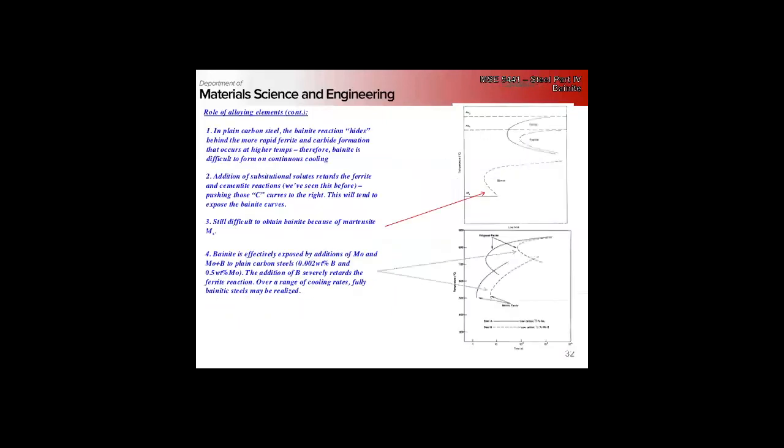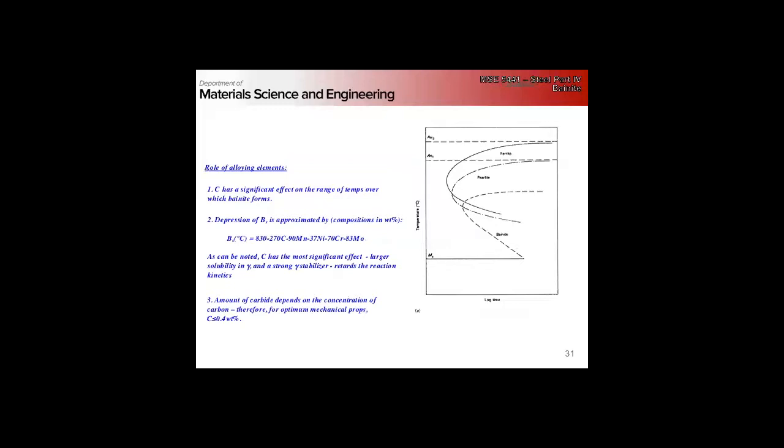All right. Okay, so last couple slides, and we'll wrap up a couple minutes early. Okay, so role of the different alloying elements. Carbon, as you might expect, the amount of carbon in your system is going to have a huge effect on the range of temps over which bainite forms, right? And you can think about that in terms of the shape of that T0 curve, right?